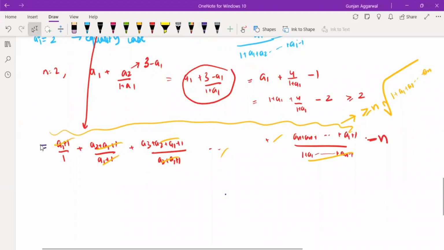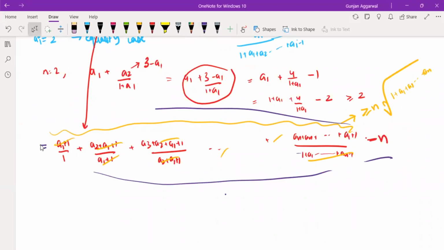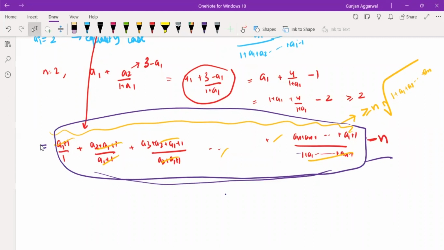Okay, so the entire thing was this minus n, and this part is greater or equal to n times the nth root of the sum of ai's plus 1, which is equal to n times the nth root of 2 raised to n minus 1 plus 1, which is 2n.